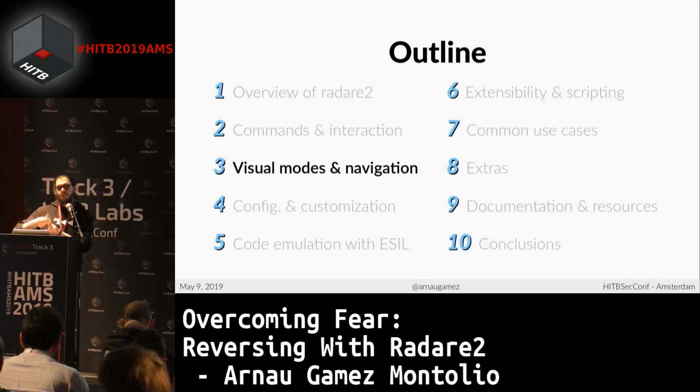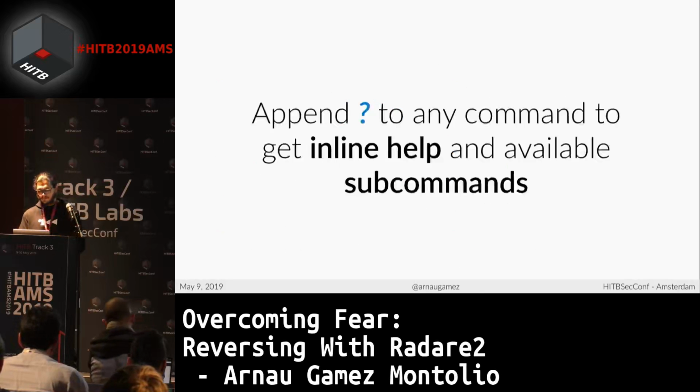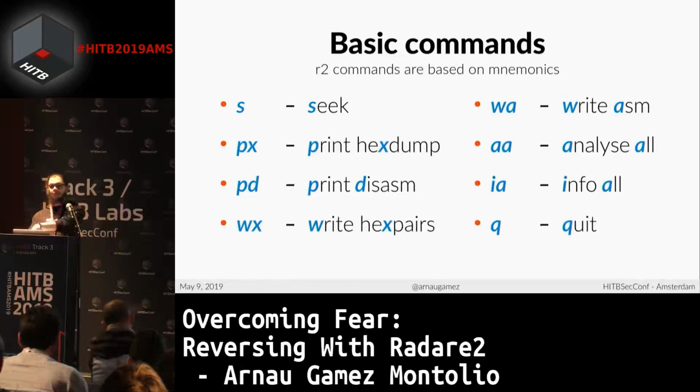You have 2 ways. One is just assemble it, using the assembler and disassembler library inside. You can do it with the standalone utility, or inside Radare2 you have another option, which is write assembly and its subcommands, and you can directly write the instruction.